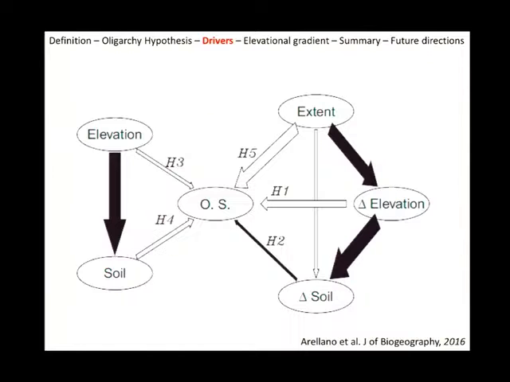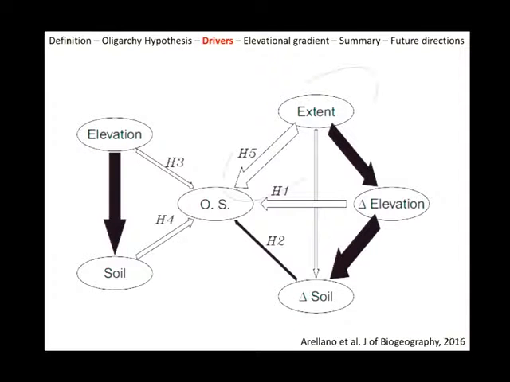And these are the results. Here, the black arrows are positive relationships, and the white arrows are negative relationships. And the thickness of the arrow is proportional to the strength of the relationship, to the effect size.